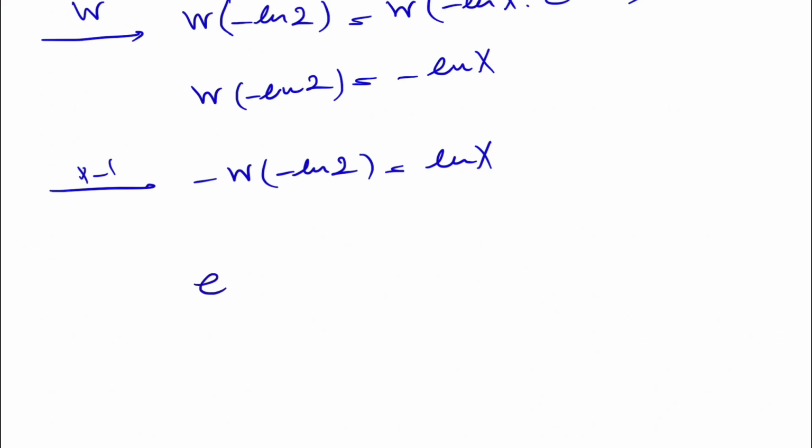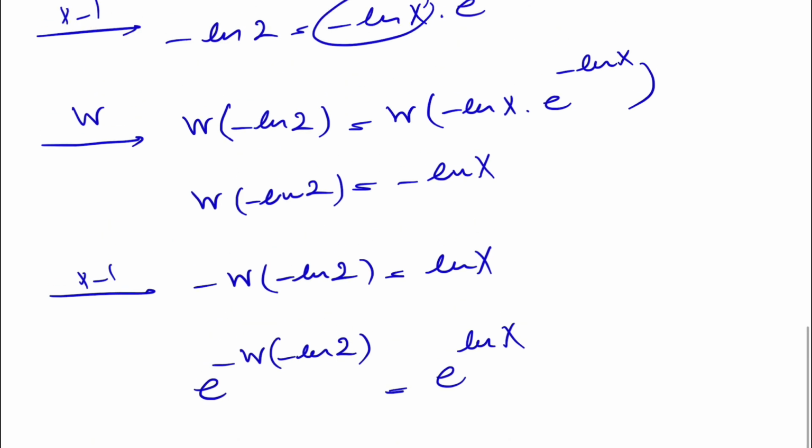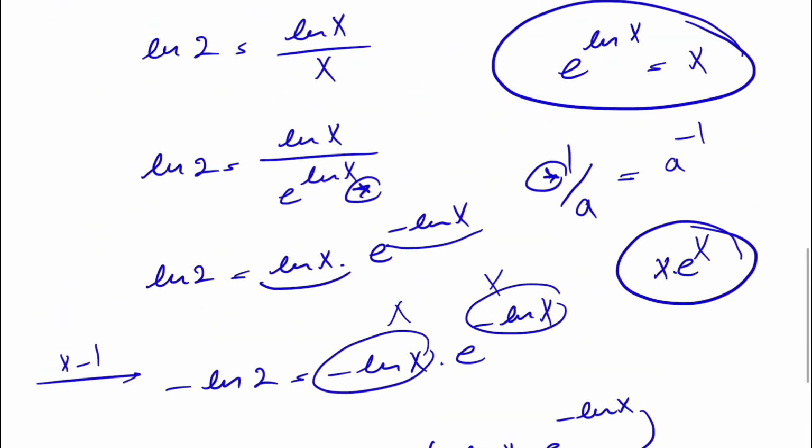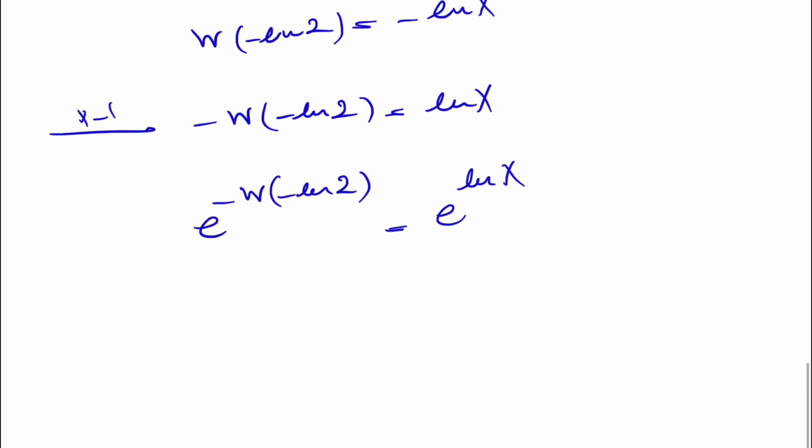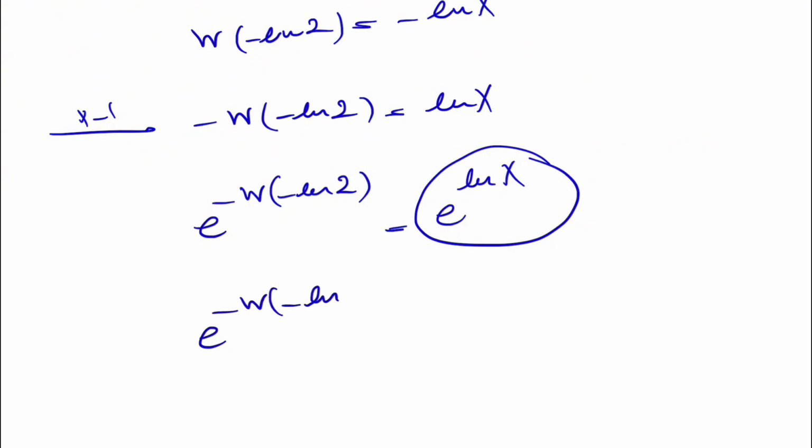On the left side we have e to the power of minus the Lambert W function of minus ln of 2, and on the right side we have e to the power of ln of x. The reason we do this is to get out of our ln. On the right side we can use what we talked about earlier, so e to the power of minus the Lambert W function of minus ln of 2 is equal to x.